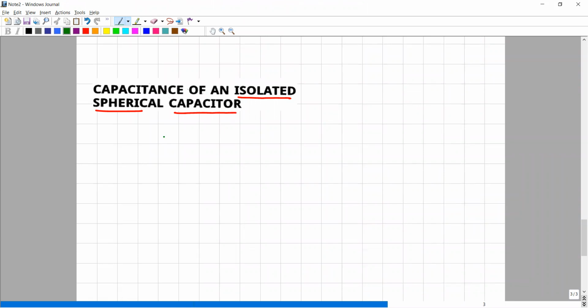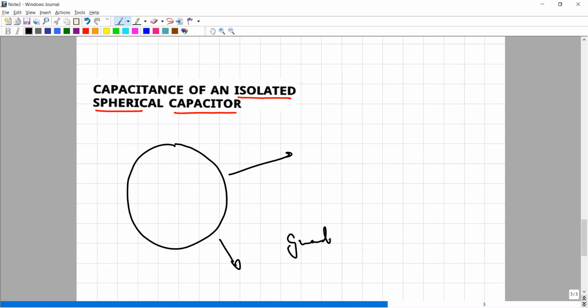So what is an isolated spherical capacitor? If you have a spherical capacitor which is not in contact with anything else, it is not connected to ground, and it is not connected to any other conductor. It is a completely isolated capacitor, and it is also considered to be in free space.